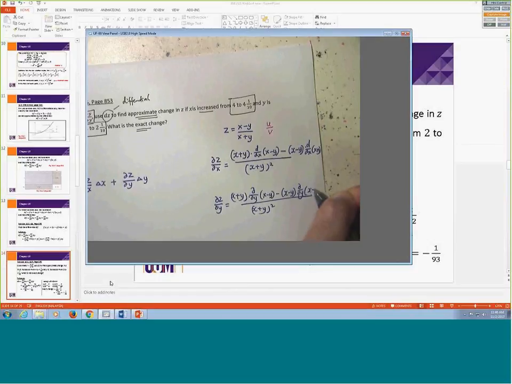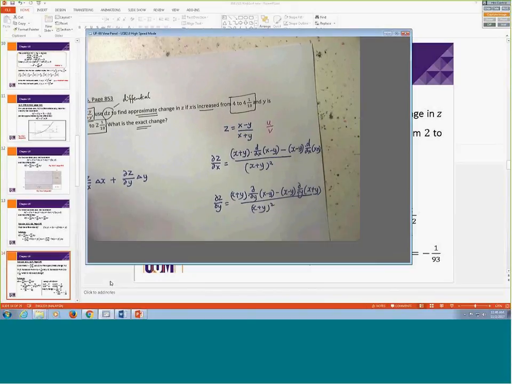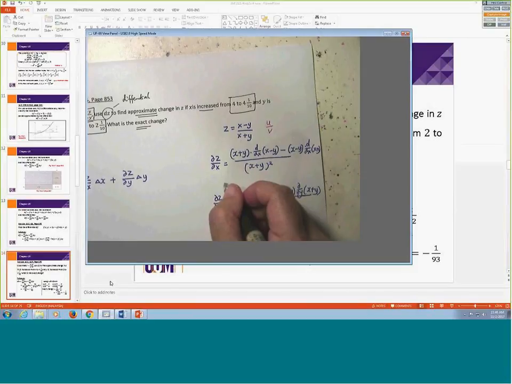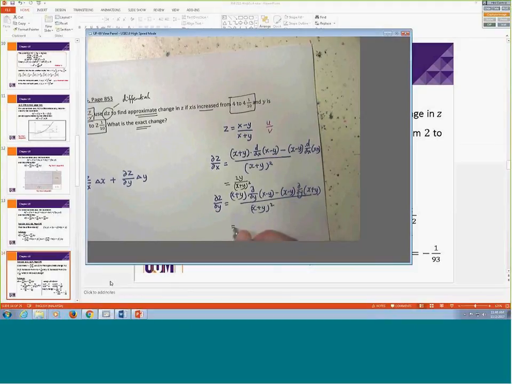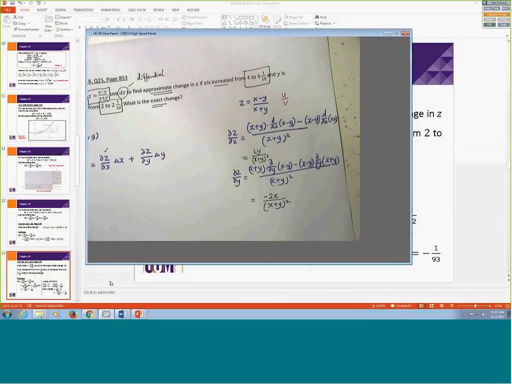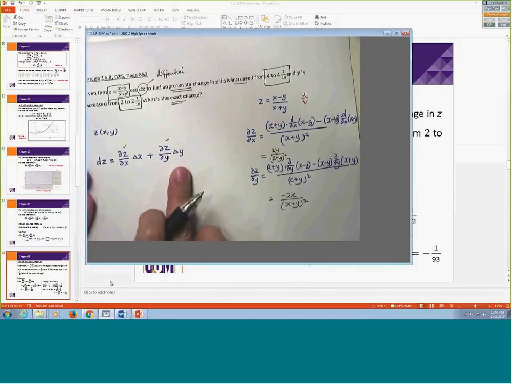So these two parts, you try and do del z del x, you should get the answer 2y over (x plus y) squared, and del z del y you should get negative 2x over (x plus y) squared. So del z del x, we found it, del z del y. But what is delta x and delta y? It is the change.